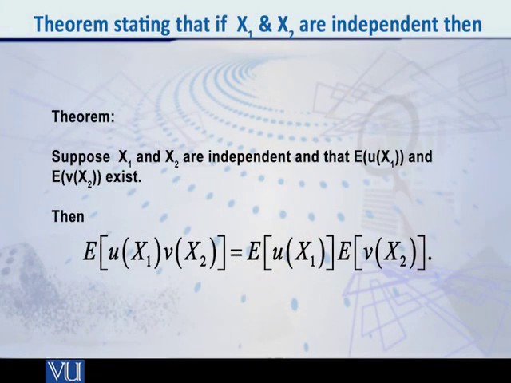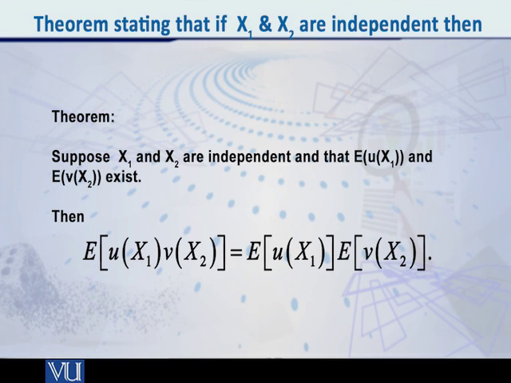According to the statement of the theorem, suppose that x1 and x2 are two independent random variables and that the expected value of u(x1) exists and also the expected value of v(x2) exists, where u(x1) means a function of x1 and v(x2) means a function of x2.